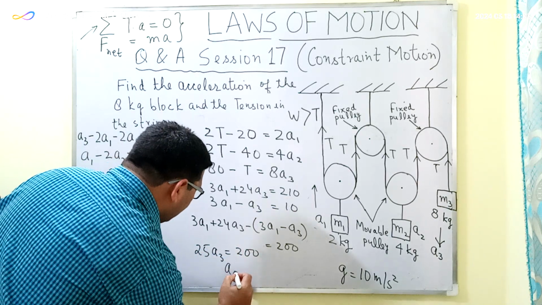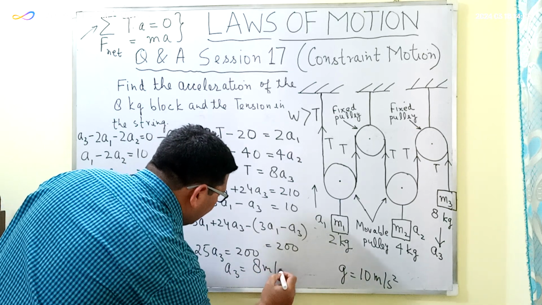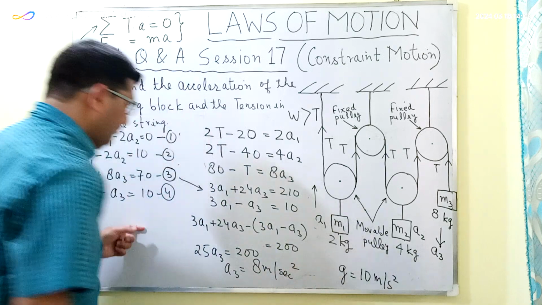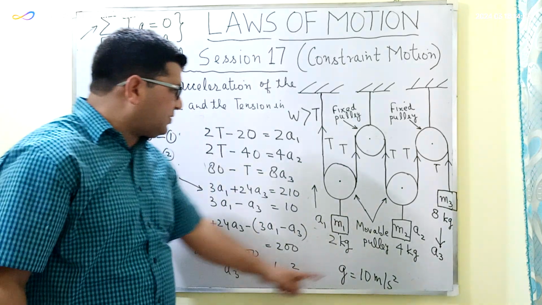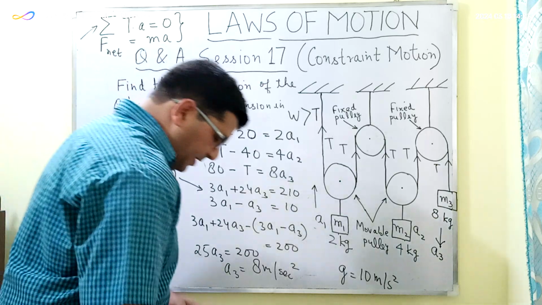So A3 is equal to 8 meter per second square. That is, the acceleration of this 8 kg block is equal to 8 meter per second square.